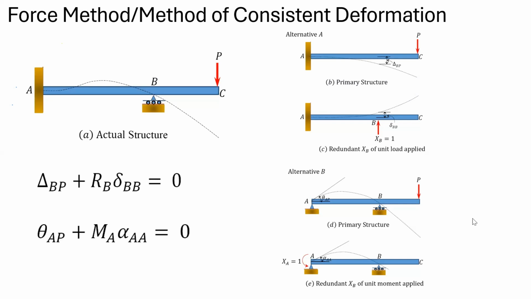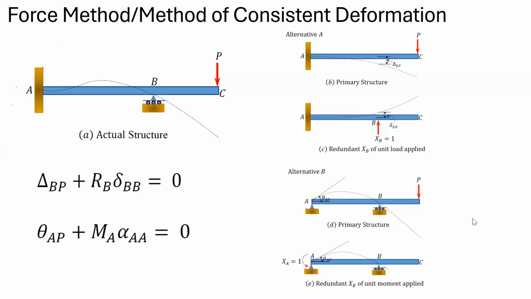If I multiply that flexibility by RB, I will get the displacement. If I add both displacements, delta BP and delta BB, the sum must be 0 because B is a support. So the new compatibility equation is delta BP plus RB into delta BB equal to 0.